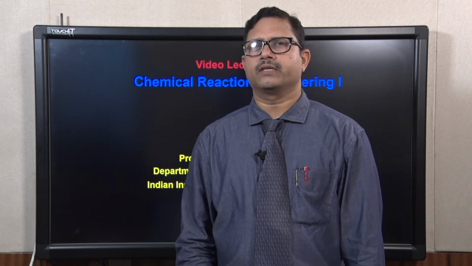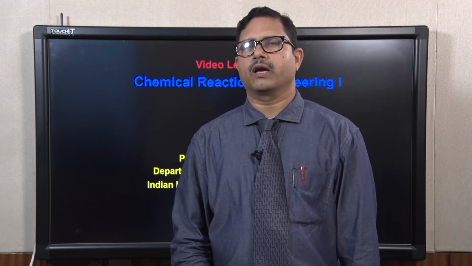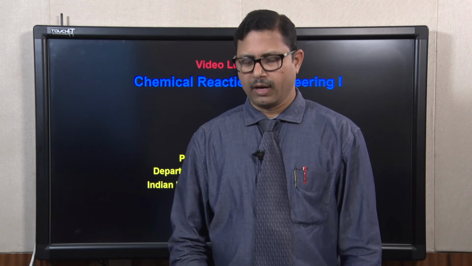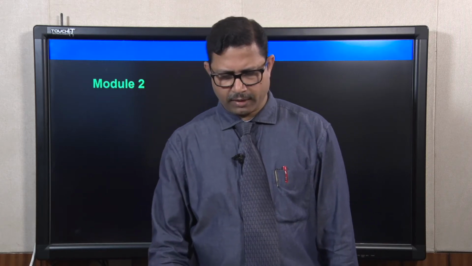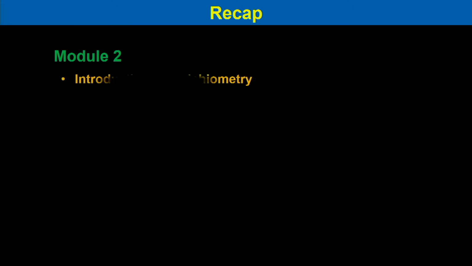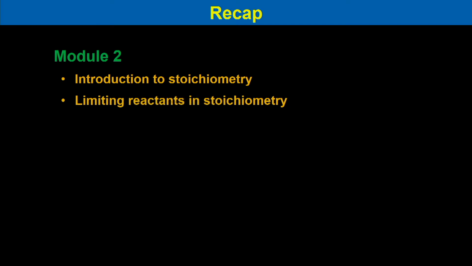Before going to this lecture, let us have a small recap of our earlier lectures in module 2. In module 2, we covered stoichiometry and an introduction to stoichiometry. Then we considered the limiting reactants.